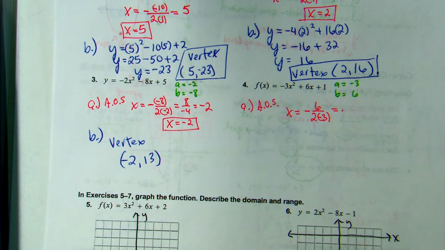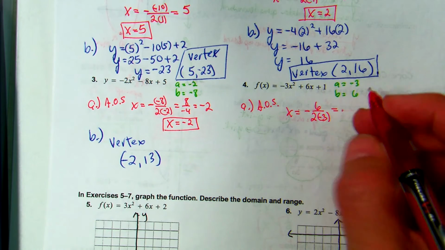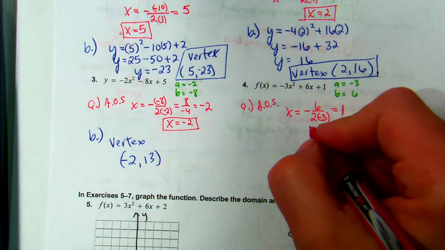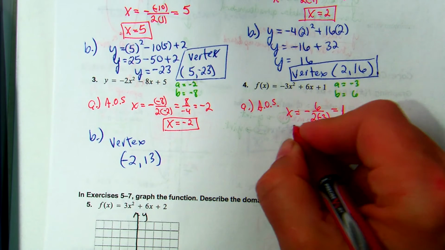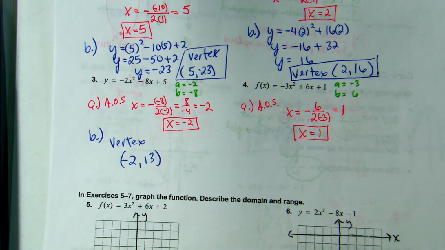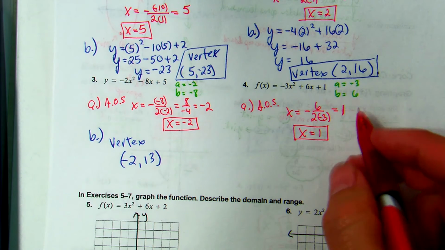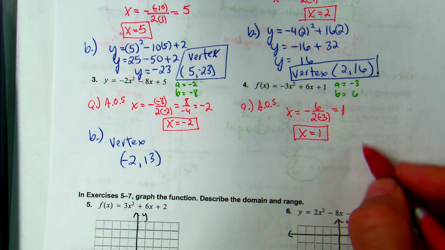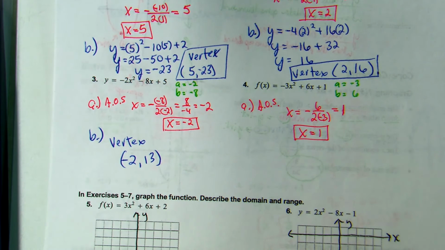And so we'll have a negative 6 over a negative 6, which gives us a positive 1. So x is going to equal 1 for the axis of symmetry. Means we'll have a vertical line at x equals 1, and our parabola will be symmetrical. Both sides of that line will be a mirror of each other, basically.